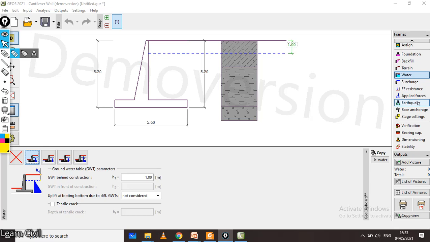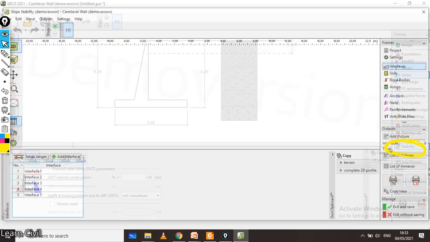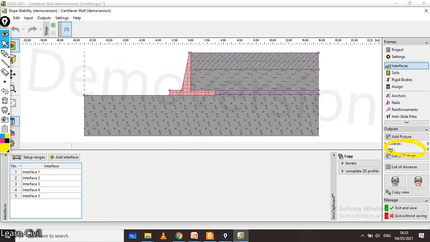For going for analysis, one option is given here. First we have to check the stability of this retaining wall. So click on this stability option. One new window like this will be opened.